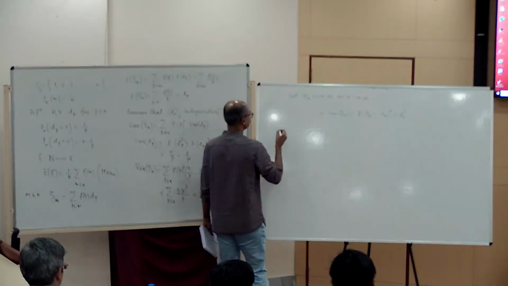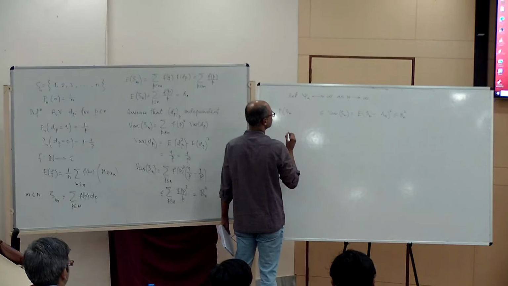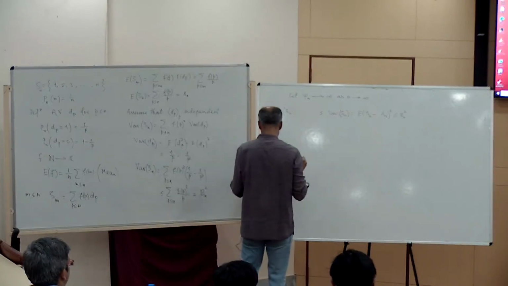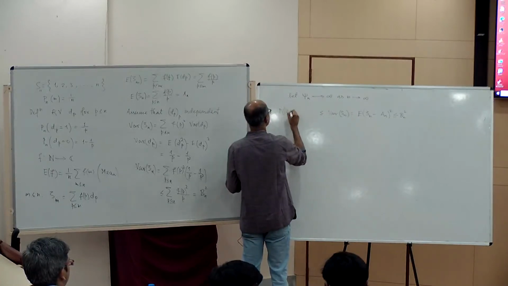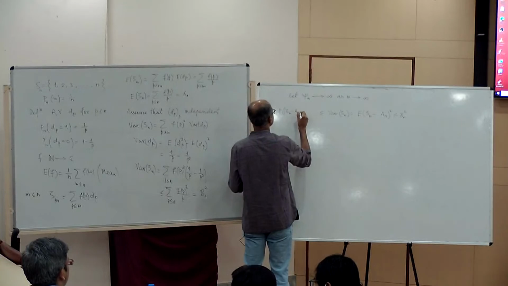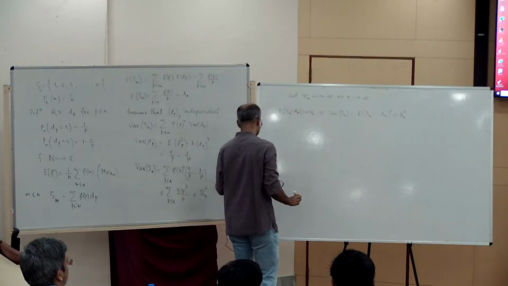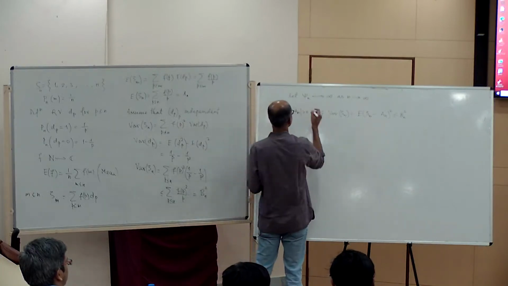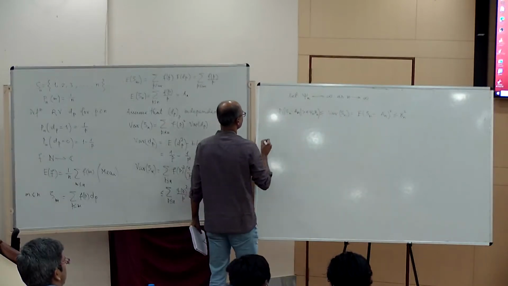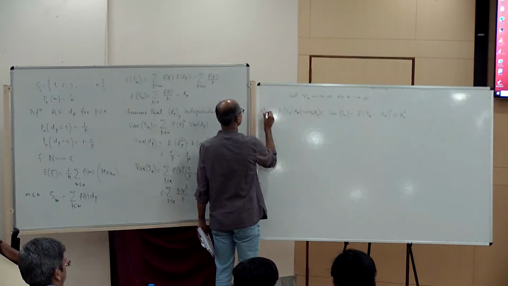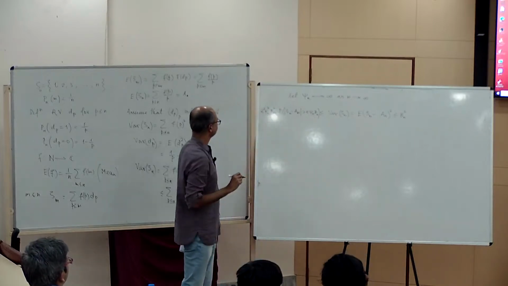Now I am looking at the probability of the set where zeta n minus a n is bigger than epsilon psi n b n.